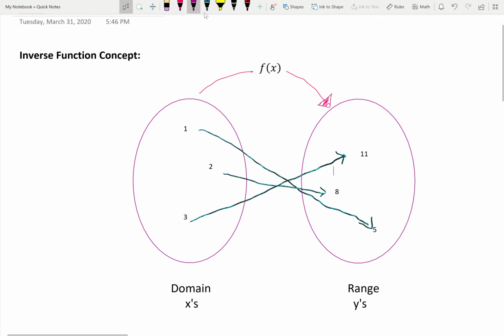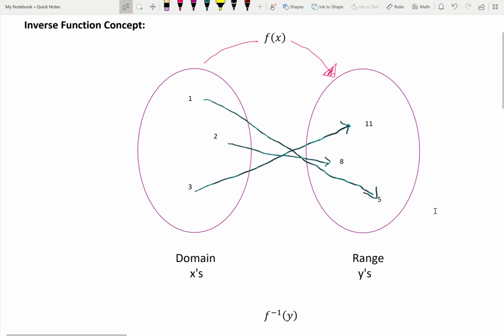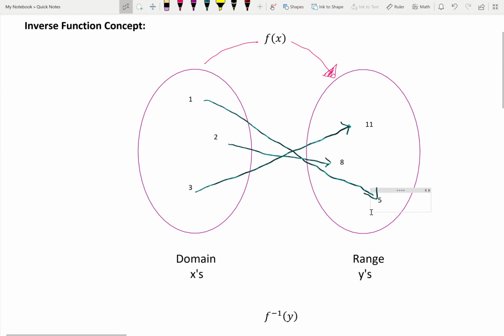So what does the inverse function do then? Well, the function takes things from our domain and maps them to things in the range. The inverse function takes things from our range and maps them back to the original number in the domain.